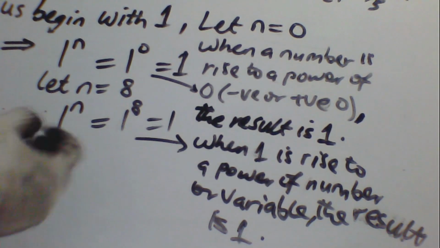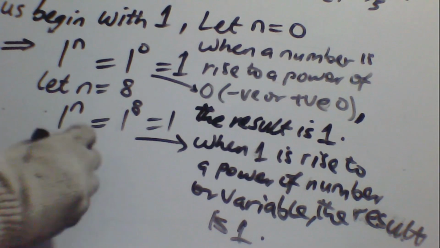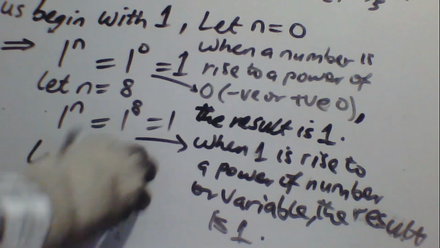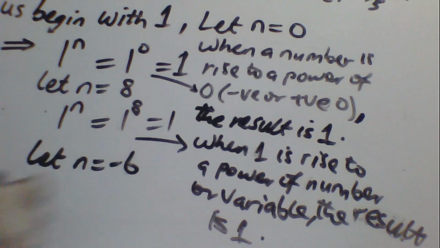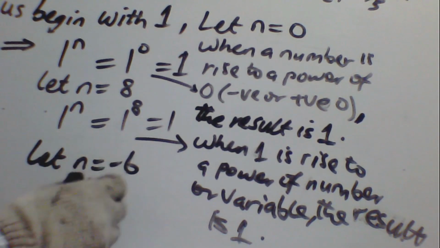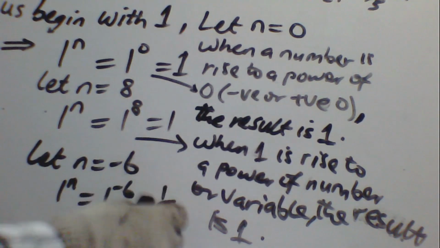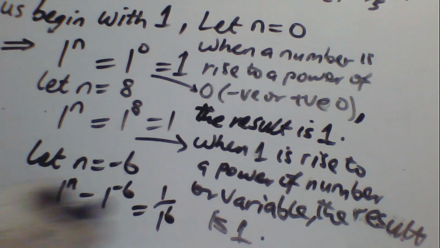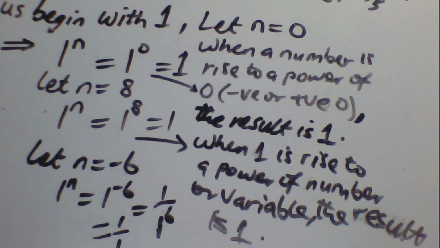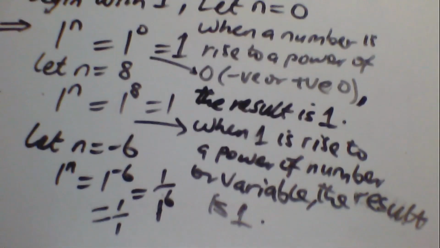So you can say let n equal minus 6. So 1 raised to power n is equal to 1 raised to power minus 6. By indices, you have 1 over 1 raised to power 6, and this will give us 1 over 1. And we know that 1 over 1 is equal to 1.